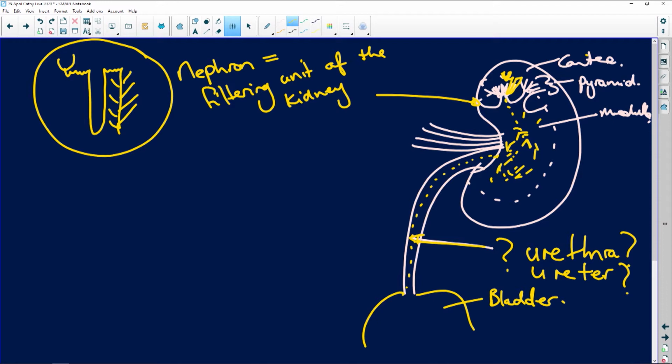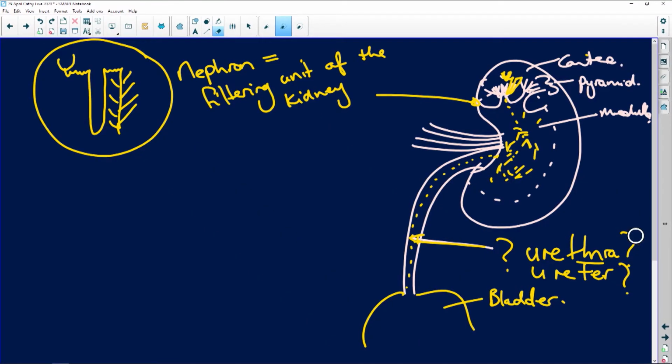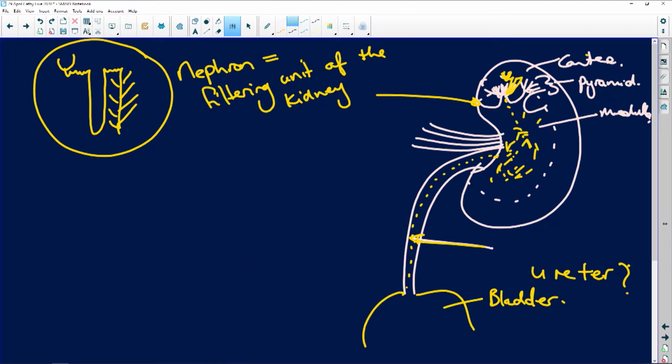Urethra, it thrusts, or the ureter, it drips. And we did this last week. I can hear you all saying to me, Kathy, please, you know it is the ureter, correct. And coming out of the bladder, that is where we're going to have the urethra.